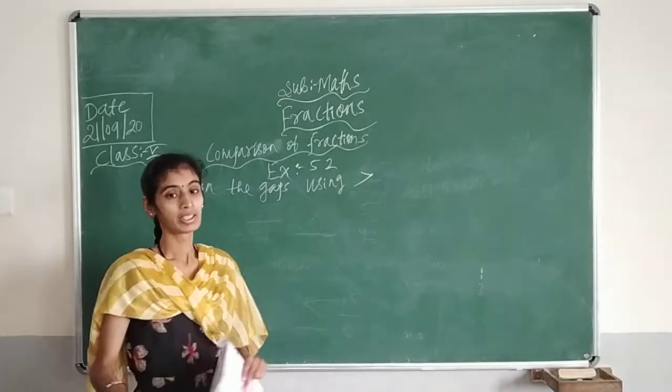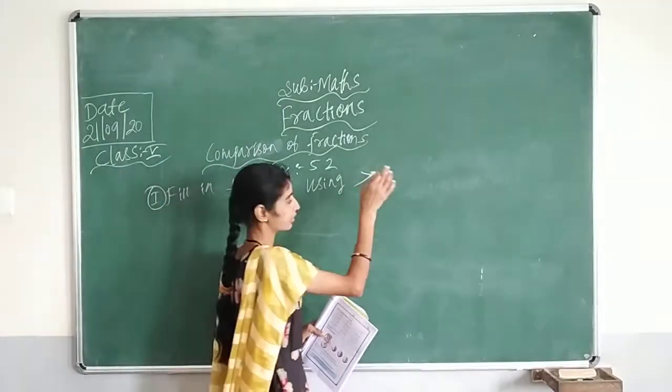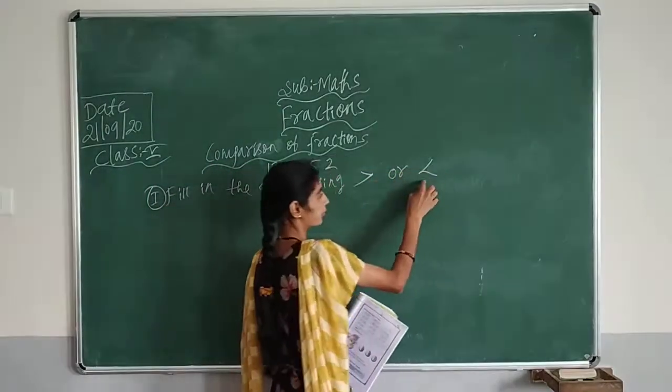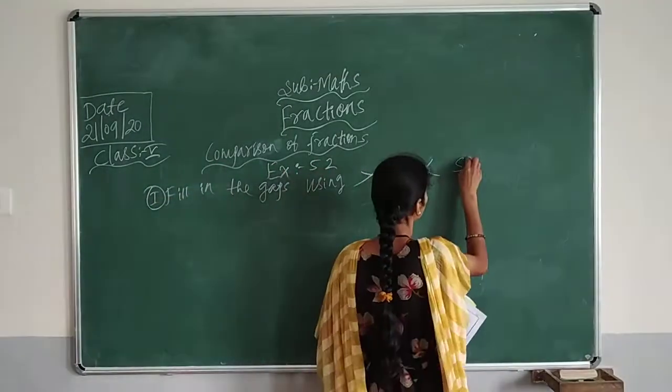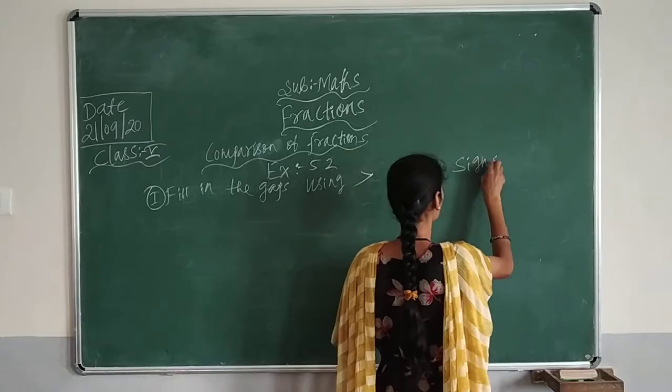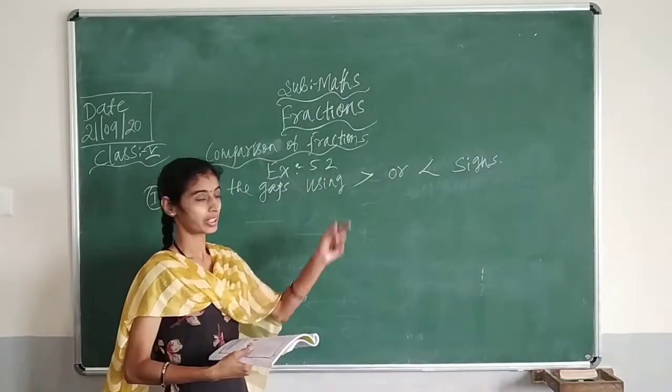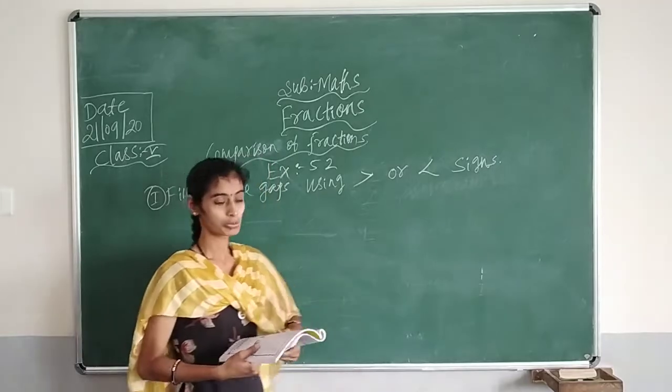How to read it? We read it as a greater than, or we read it as a smaller than or lesser than sign. So we read it as greater than, this we read it as smaller than.